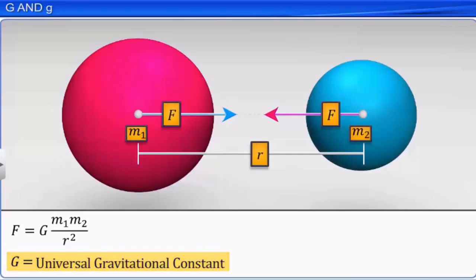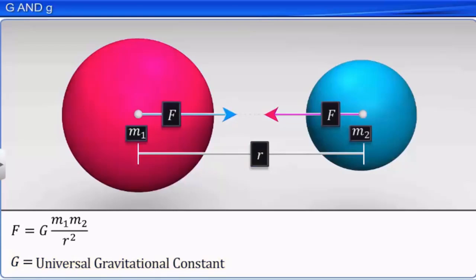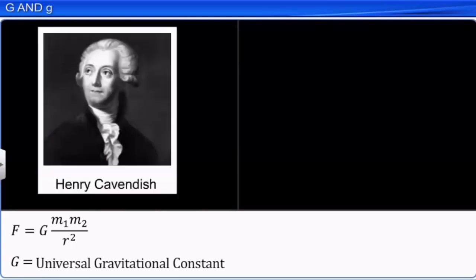In the expression, G is referred to as the universal constant, as its value is constant in any place in the universe. The value of G was experimentally found by Henry Cavendish during his effort to find the density of the Earth.